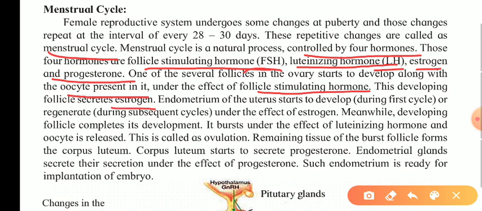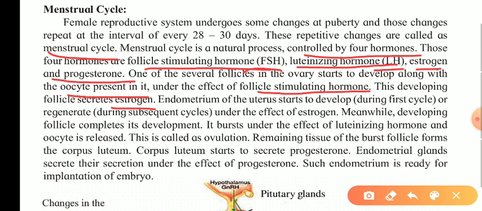The endometrium of the uterus, the inner lining wall of the uterus, starts to develop or regenerate during the first cycle, or the subsequent cycles, second, third, under the effect of estrogen.